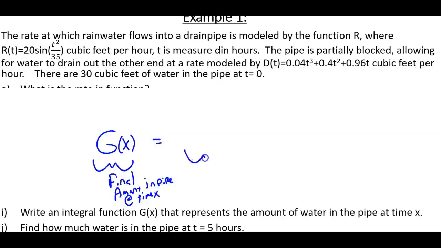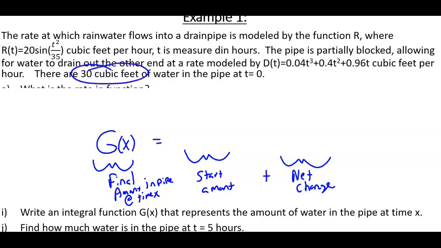How can we find the final amount of water in the pipe at time x? Well, we'd have to take the starting amount of water, and we would have to add to it the net change in the amount. The starting amount is 30 cubic feet.